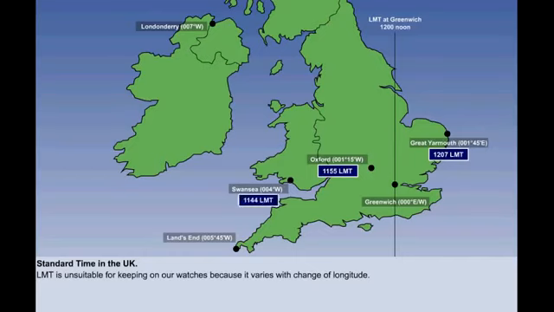It will not pass over Swansea, which is at 4 west, for another 16 minutes. This makes the LMT at Swansea 11:44. And similarly, we can work out local mean times at Land's End and Londonderry. So, between Great Yarmouth and Londonderry, the LMT is 35 minutes different.